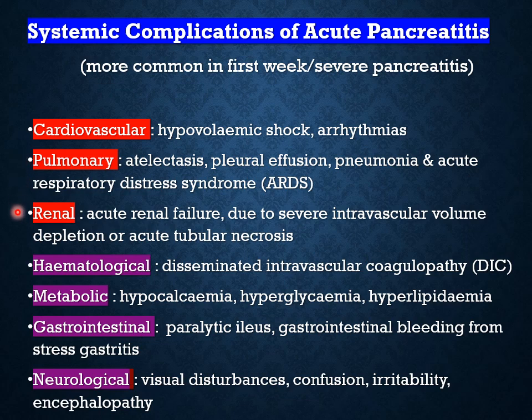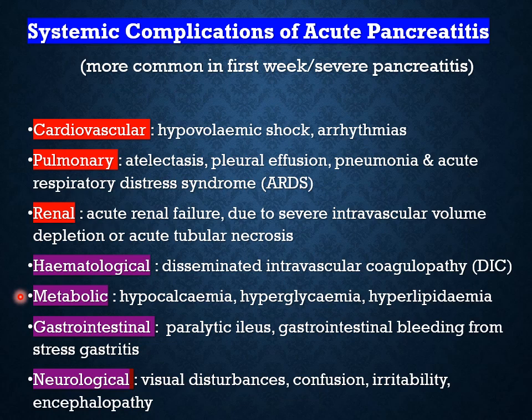Renal complications are a very common systemic complication: acute renal failure due to severe intravascular volume depletion or acute tubular necrosis. Less common systemic complications are hematological, DIVC, disseminated intravascular coagulation leading to bleeding tendency.